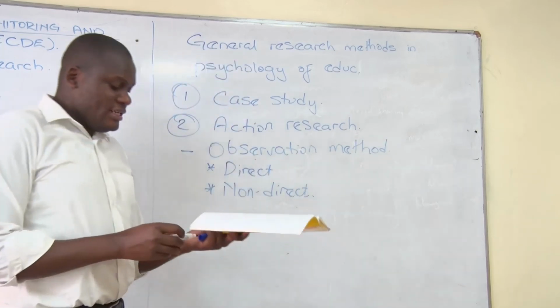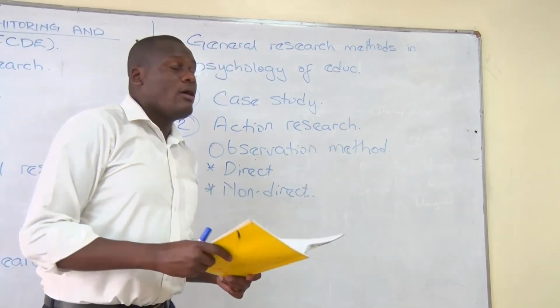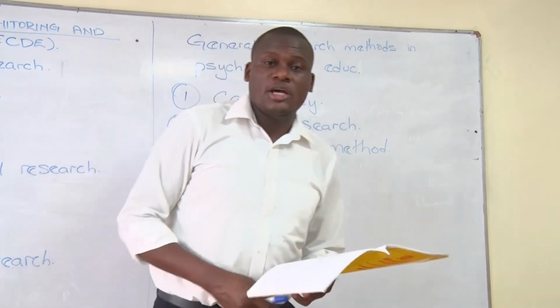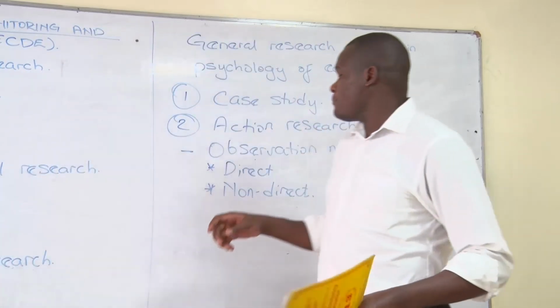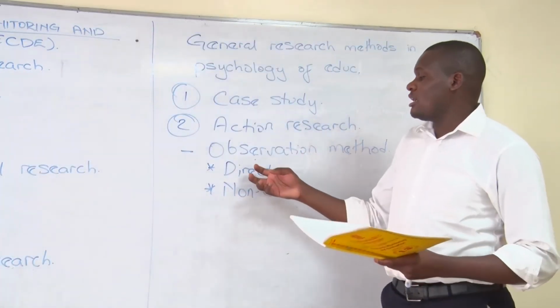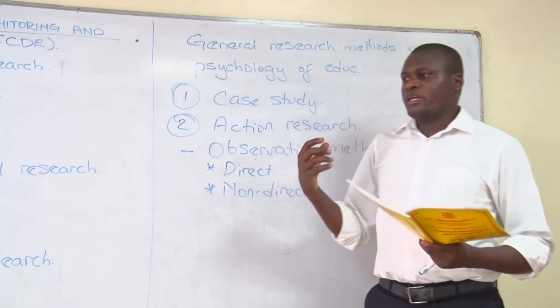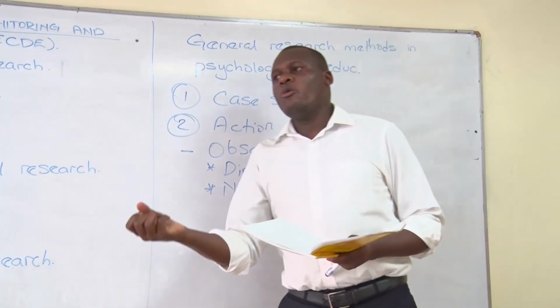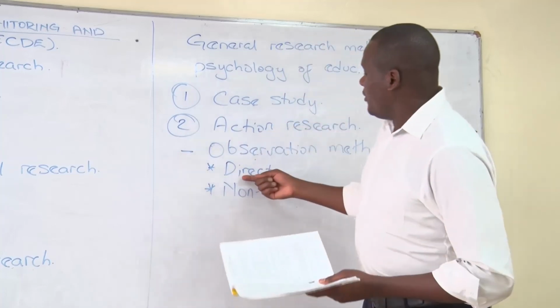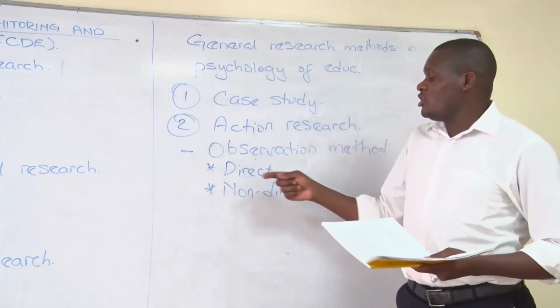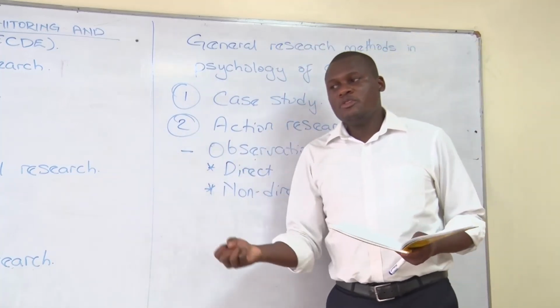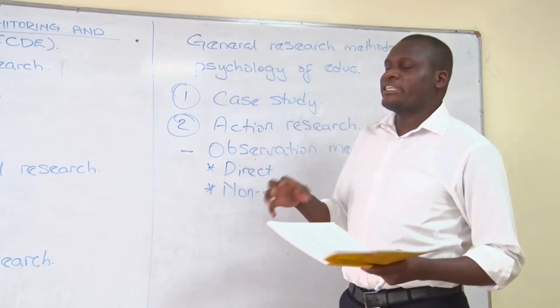In the direct observation, the participant or the researcher is supposed to be involved in the collection of data, irrespective of whether they know what is happening or not. For example, in direct observation, you'll be involved in the activity taking place.